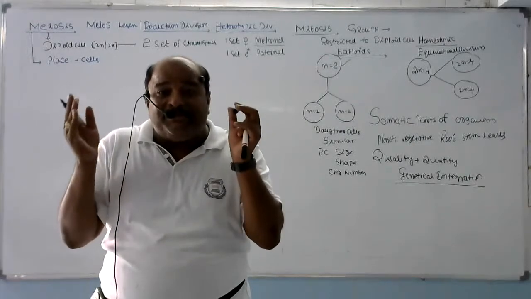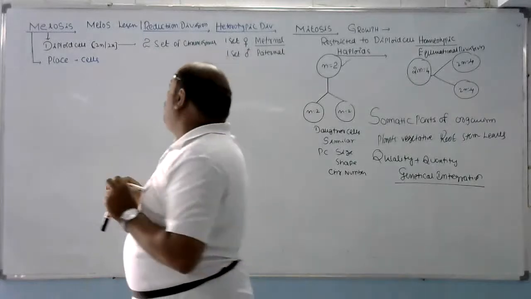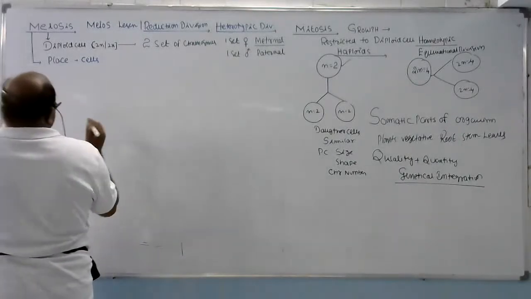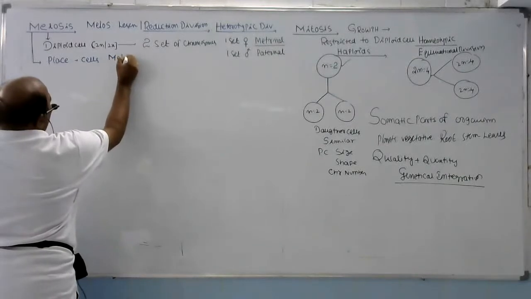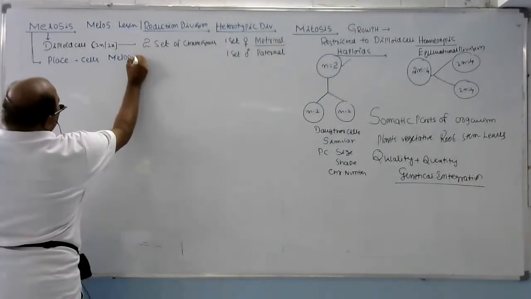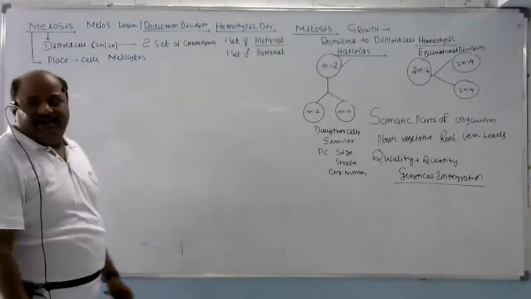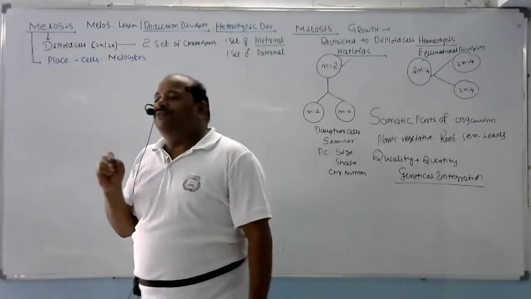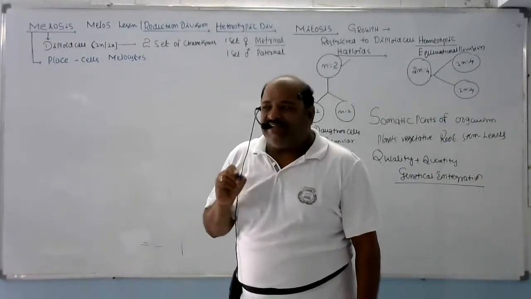The cells where meiosis takes place, the cells subjected to meiosis, are called meiocytes.